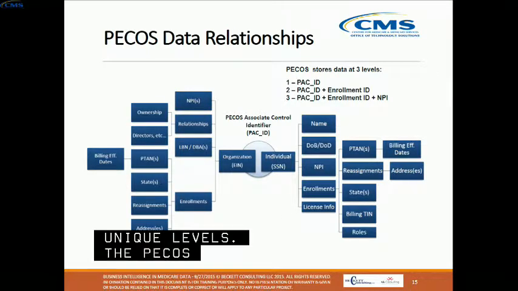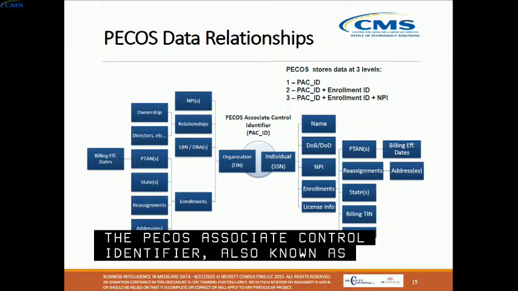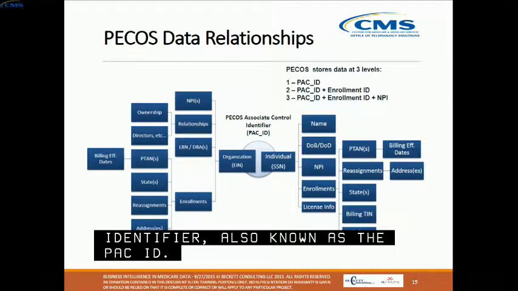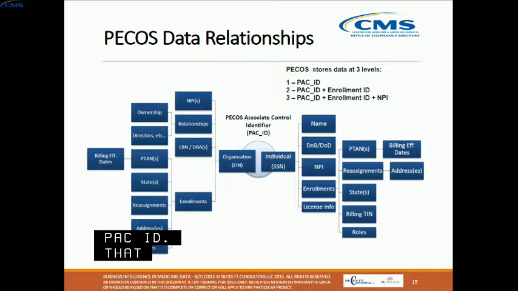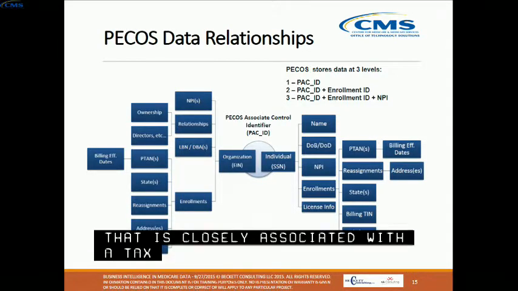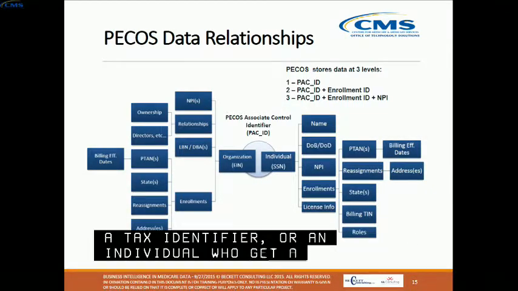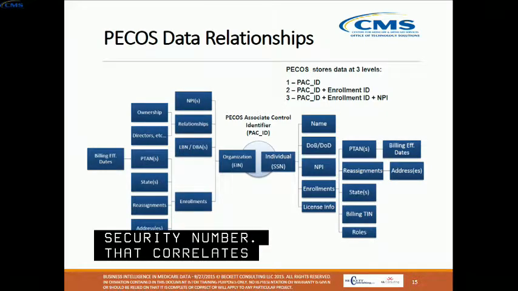And as you see, that PAC ID is closely associated with the tax identifier that's assigned either to an organization as an employer identification number or an individual who would get a social security number. So the PAC ID correlates generally to the federal tax identification number.